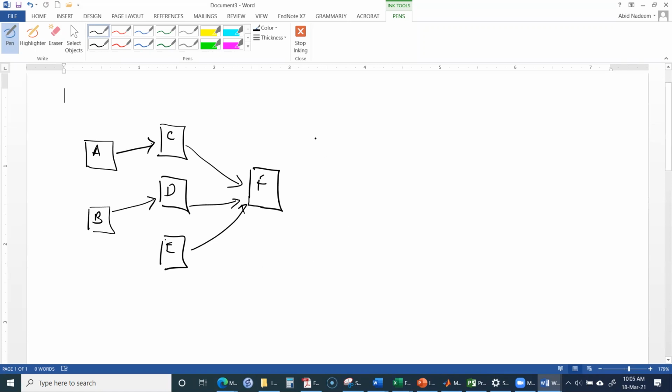I have this data: activity A has 5 days of duration, B is 3 days, C is 4, D is 3 days, E is 4 days, and F is 2 days.